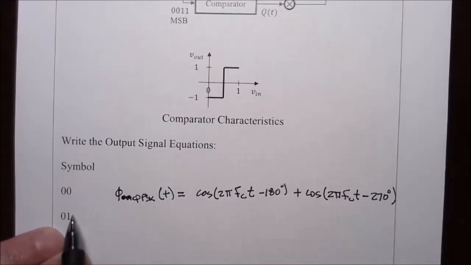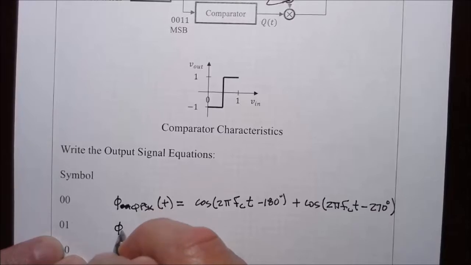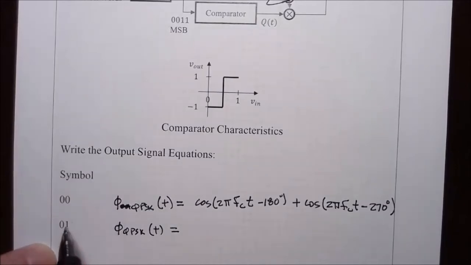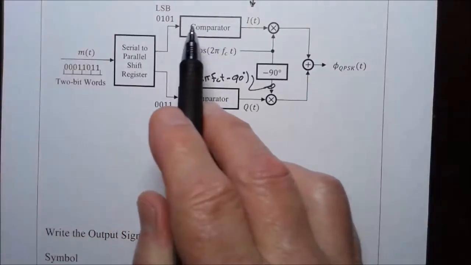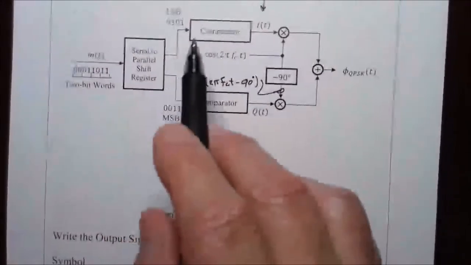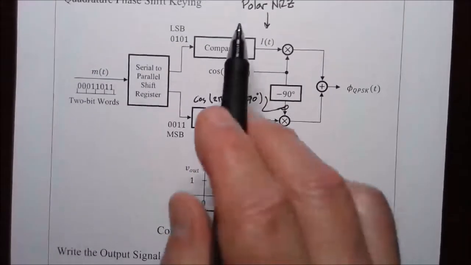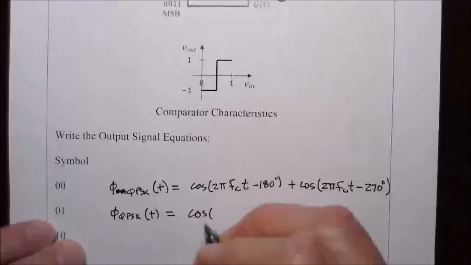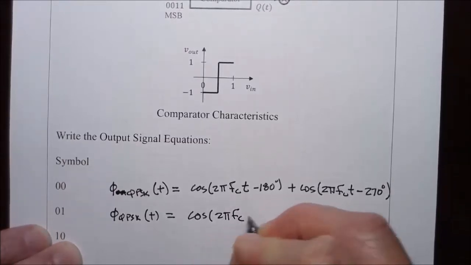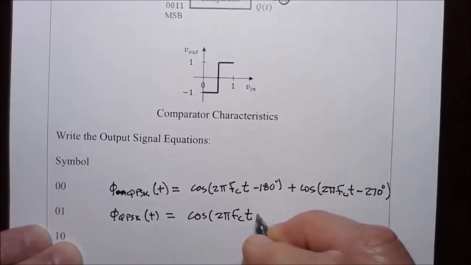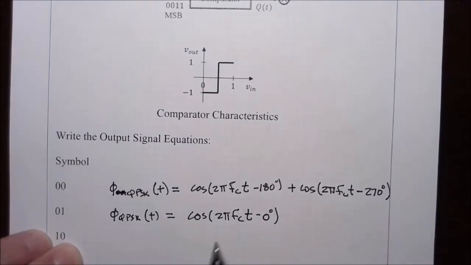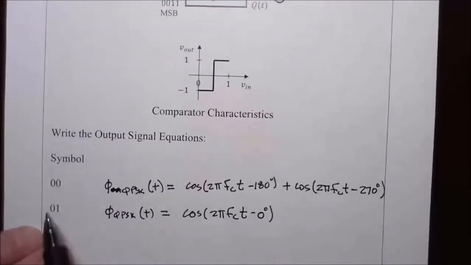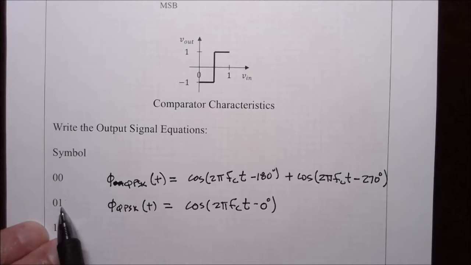If we have the input 0, 1, the quadrature phase shift keyed signal is going to be, 1 is the least significant bit, that's the in phase. 1 maps to a plus 1, so we have 1 times cosine 2 pi FCT, so that's simply cosine 2 pi FCT, minus a phase angle of 0, because we don't have any phase shift, because I is a plus 1, because the least significant bit is a 1.